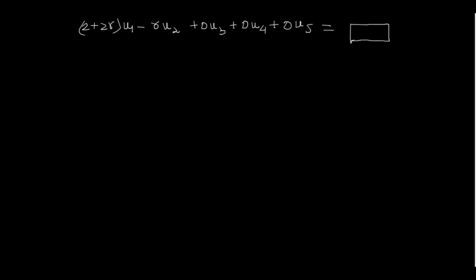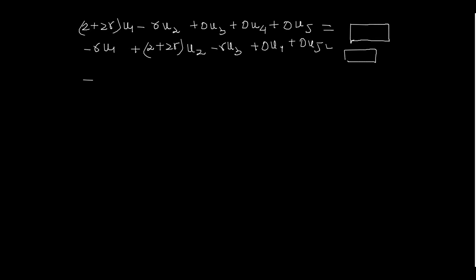Now minus r u1 plus (2 plus 2r) u2 minus r u3 plus 0 u4 plus 0 u5, that we will compute later.